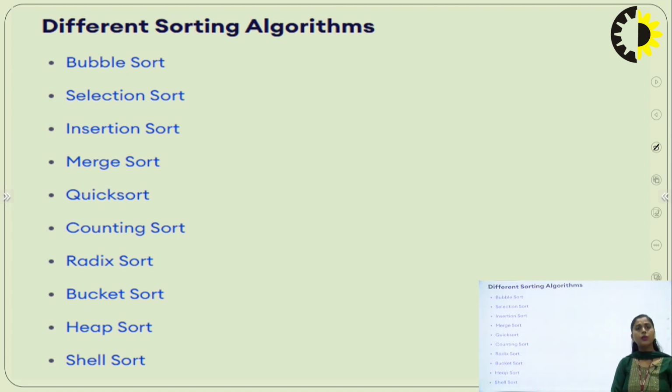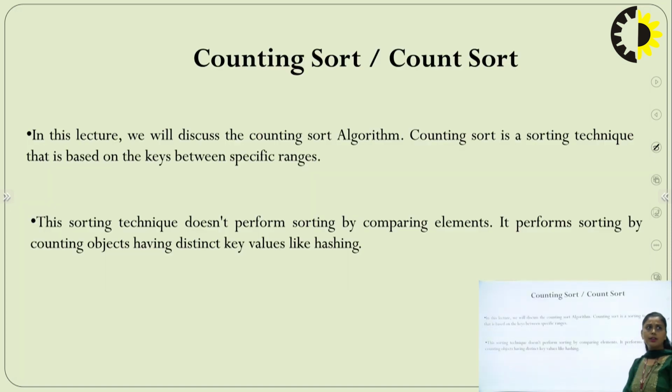After that, in your data structures course, I believe you already covered merge sort, quick sort, heap sort, and maybe radix sort a little bit. And in your 5th semester, counting sort is a very new topic for you. That's why today I am taking counting sort as the lecture topic. So let's start this particular topic.